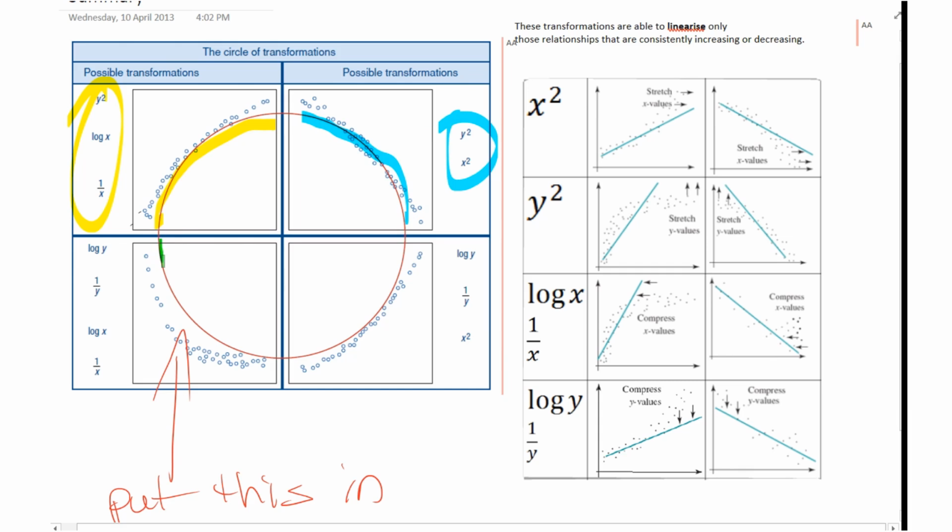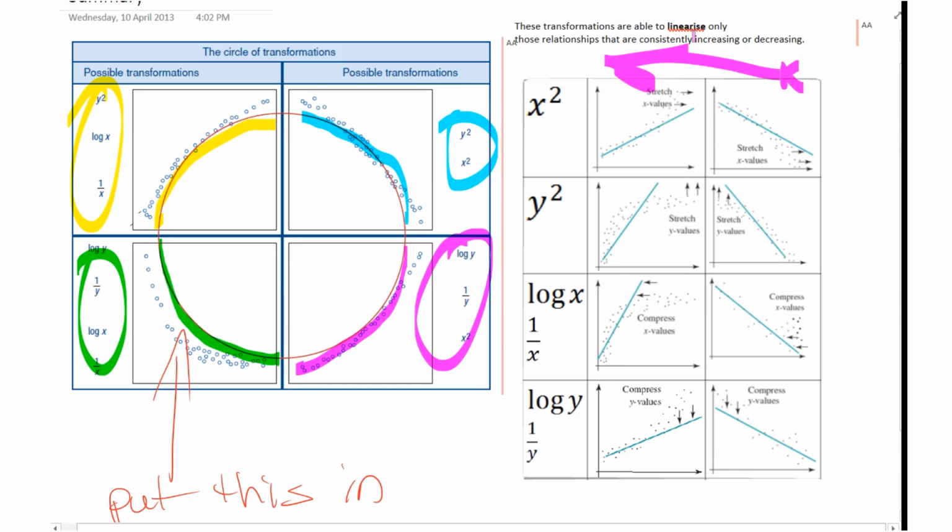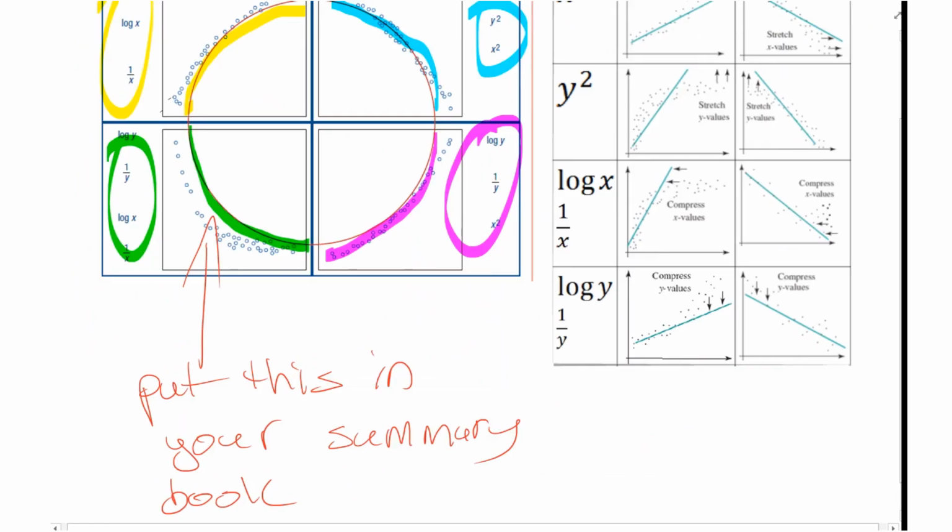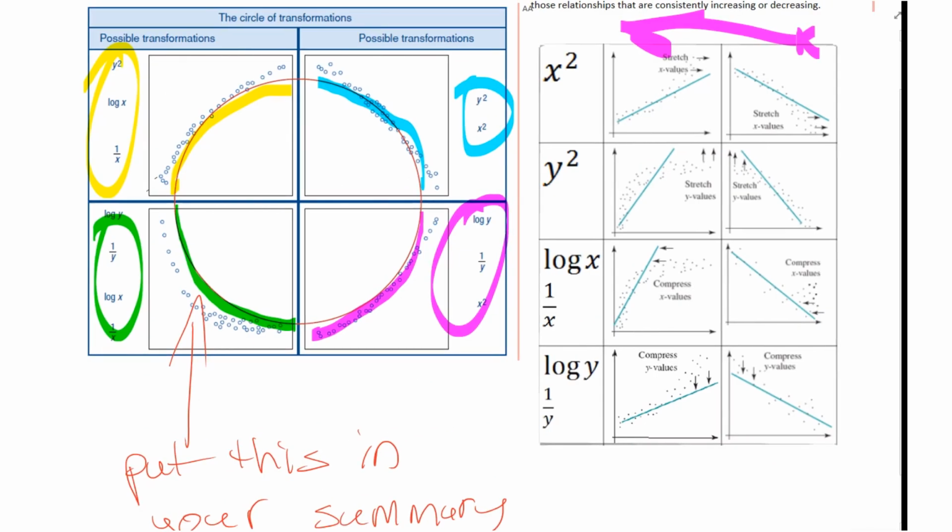If it looks like this curve, you have to try those transformations to check which one you're going to pick. And if it looks like that, I pick those ones. Remember, what's shown here is what is going on across over there. That's the summary you want in your summary book, so you can look at it and go, all right, that is what I need to use. So you don't go, which one do I use, which one do I use? Put that into your summary book.